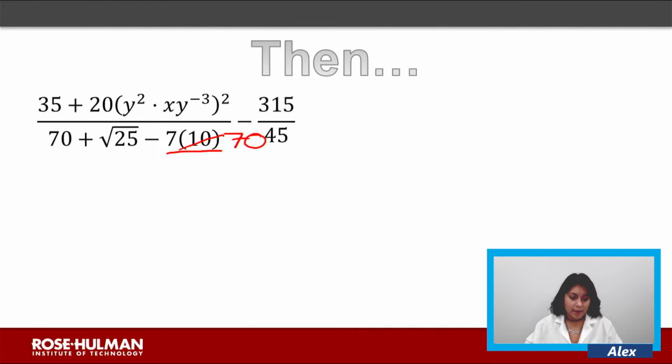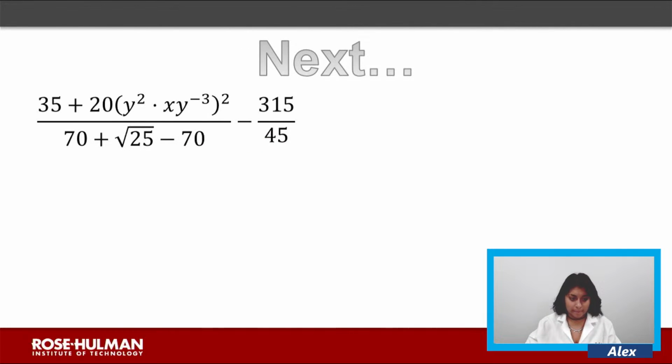And then our next step in the Pemdas is to work on the exponents, to work on your E part. And so here, as you can see, we have y squared multiplied by y to the negative 3, and so that becomes y to the negative 1 times x inside that parentheses, and then all of that gets squared.